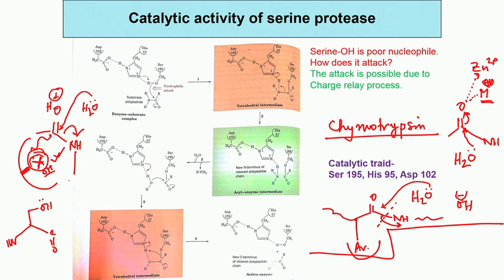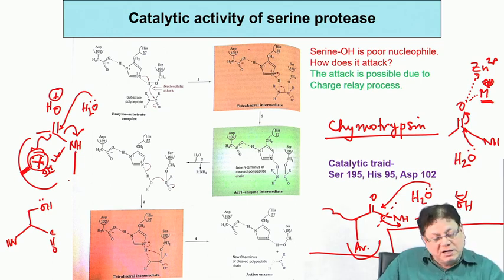We said that there is a class which is serine protease, and chymotrypsin in fact is a serine protease type enzyme. Serine is nothing but an amino acid containing an alcoholic OH. The question is, is alcoholic OH sufficiently nucleophilic to hydrolyze a peptide bond?